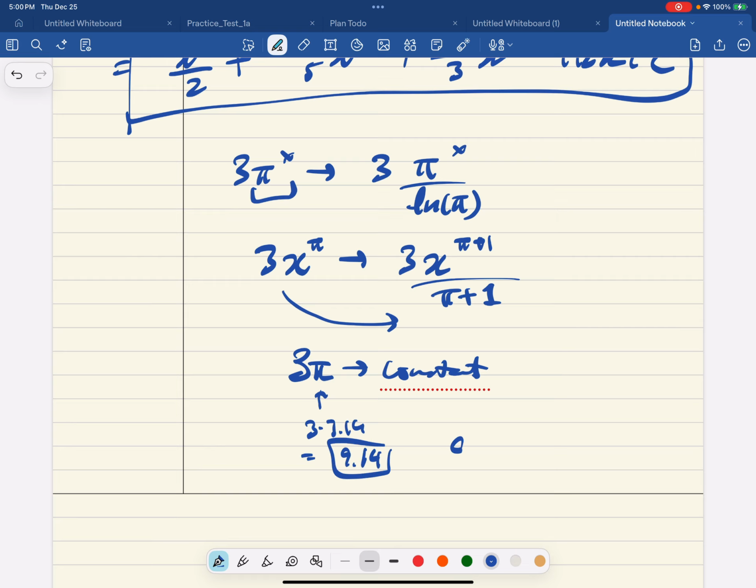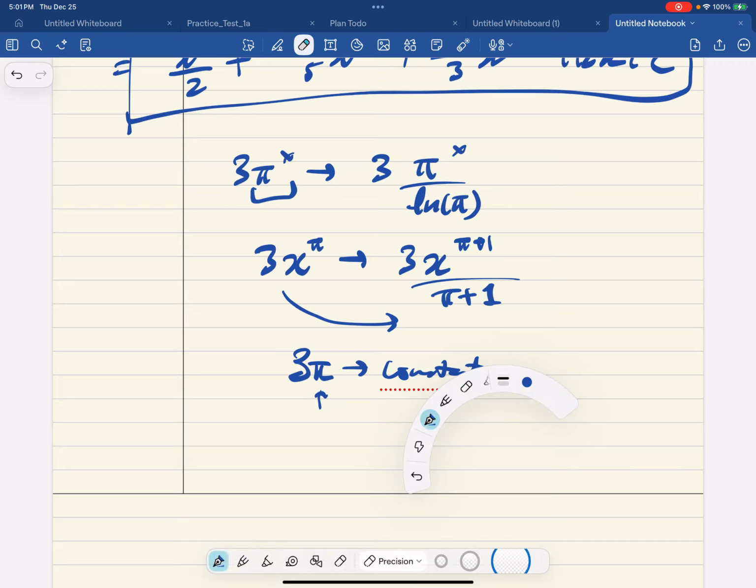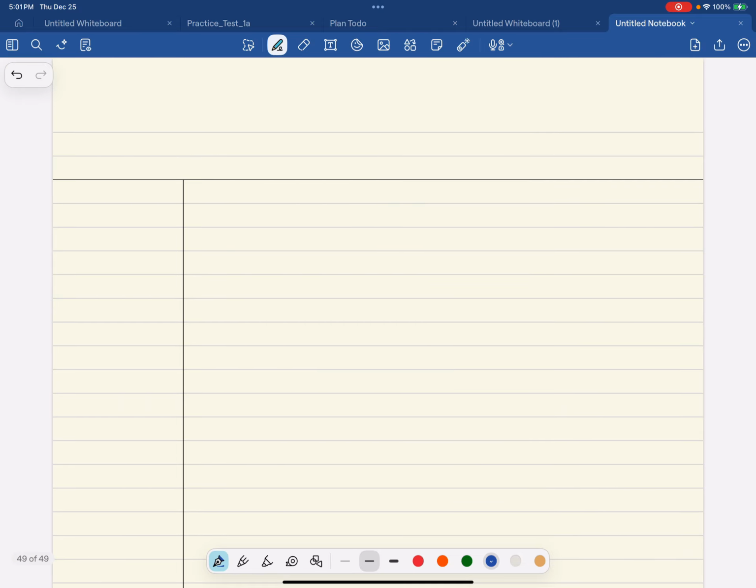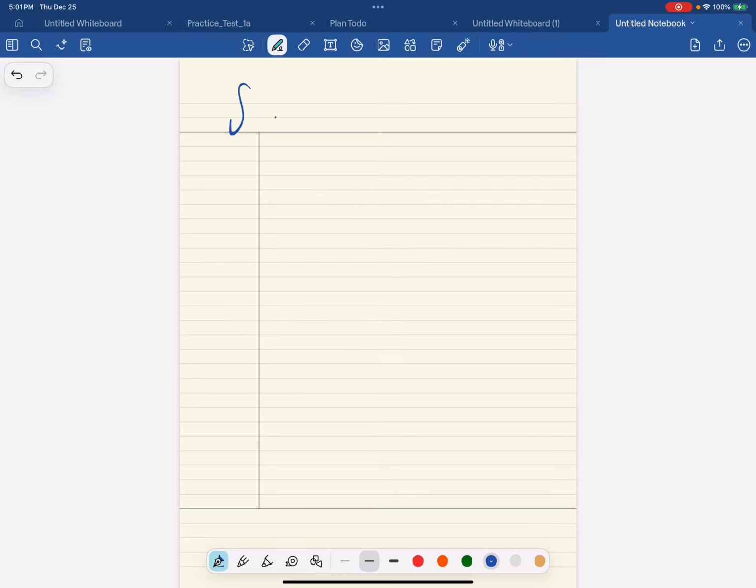And integrating that will just be 9.14x, right? So the same thing here, the 3 pi will just turn into a 3 pi x. Like I said, integrating 1 over x turns into a ln of x.